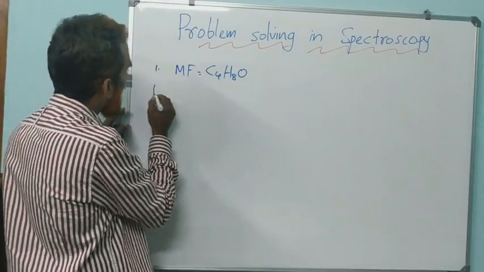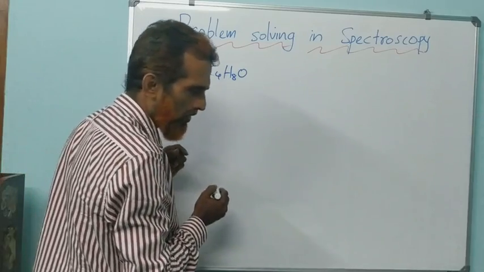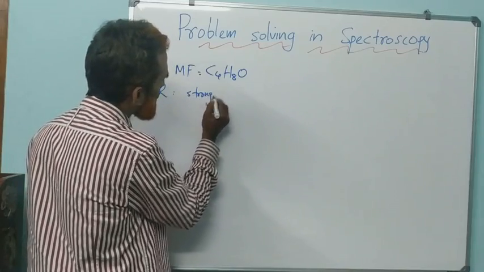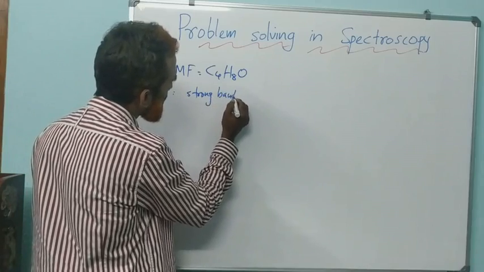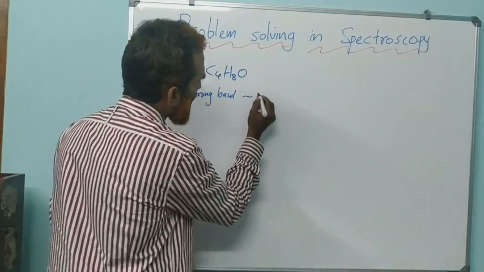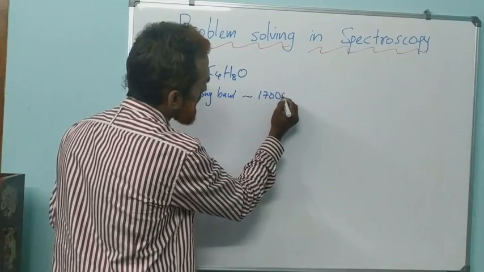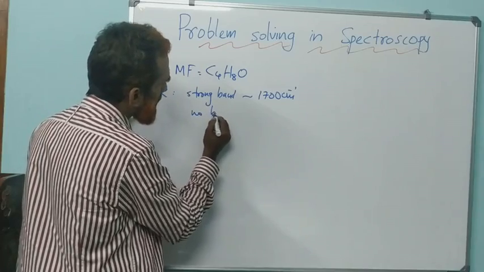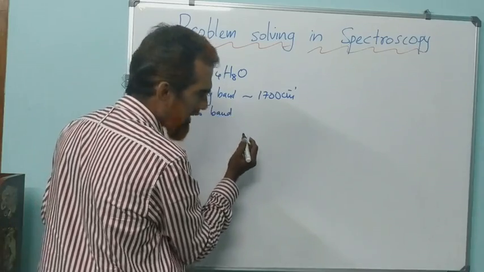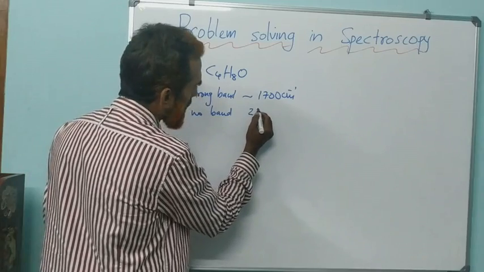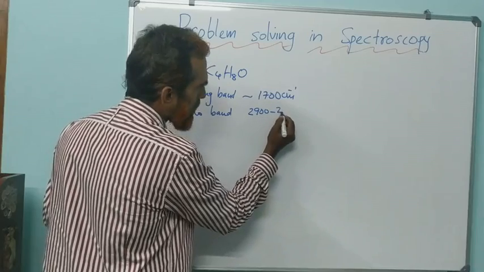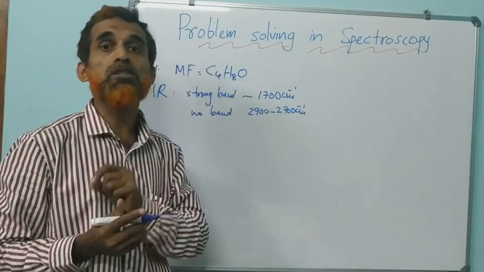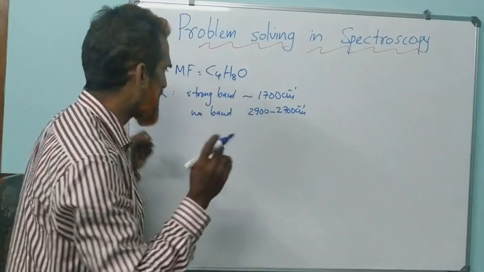The IR data for this compound is a strong band at around 1700 cm⁻¹, and no band in the region 2900 to 2700 cm⁻¹. See, in spectroscopy, absence of a peak is also very informative, very valuable.